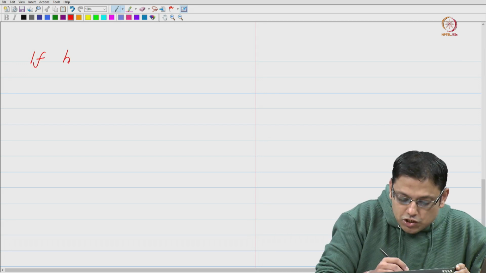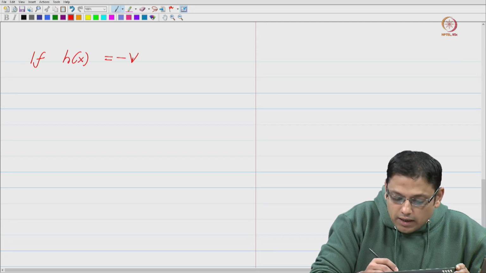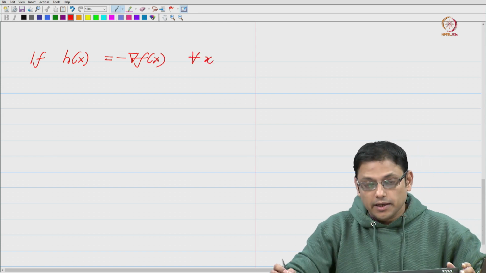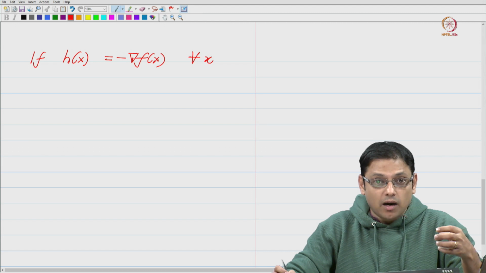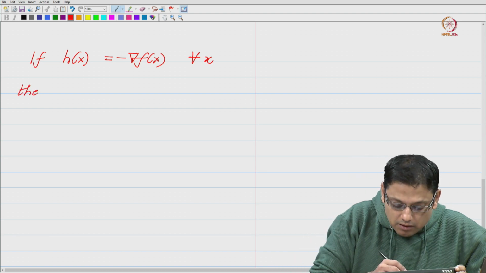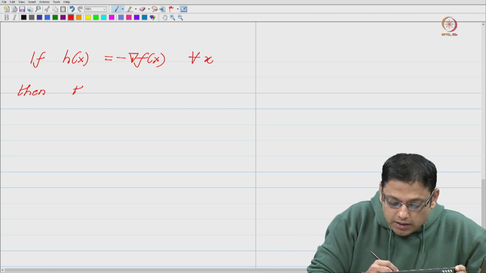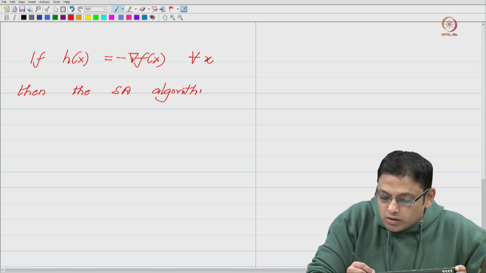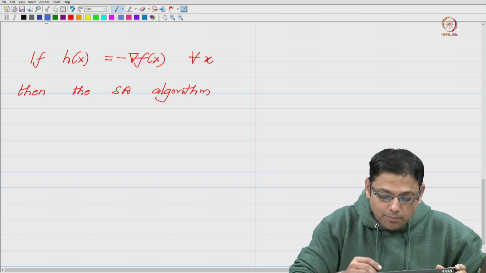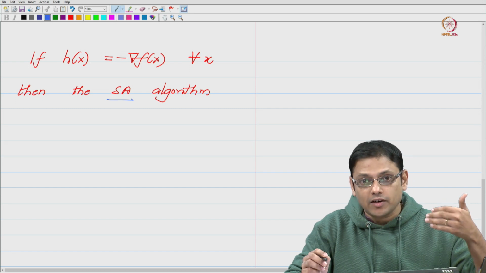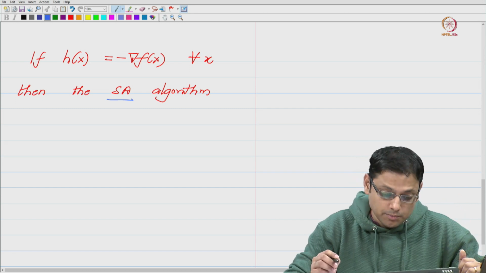Suppose h(x) equals the gradient of f(x) for all x. In other words, suppose this ideal update direction equals the gradient of some function f. Notice that I use the abbreviation SA to mean stochastic approximation, and henceforth whenever I write SA I would imply stochastic approximation.